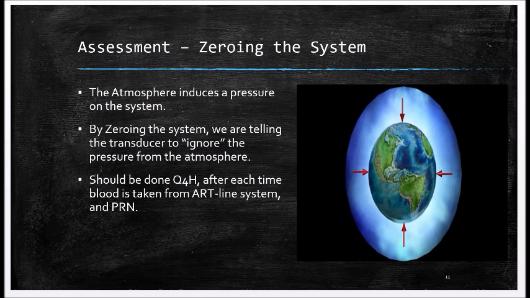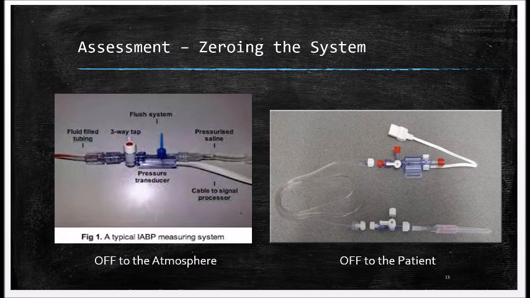Zeroing should be done at the beginning of your shift, every 4 hours, every time blood is taken, and as needed. This part causes a little bit of confusion for students who are not familiar with arterial lines, or even nurses who are not familiar with arterial lines.